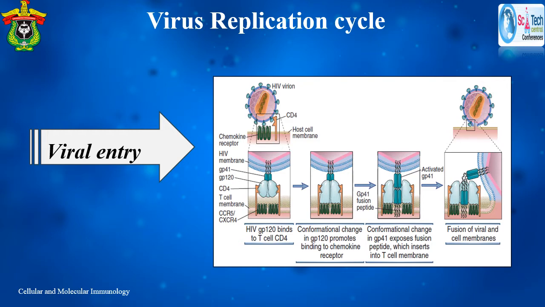The virus can enter the host cell with the CXCR4 on T lymphocytes or CCR5 on macrophages. And then HIV GP120 binds to T cell CD4, and conformational change in GP120 promotes binding to chemokine receptor, and conformational change in GP41 exposes the fusion peptide, which inserts into the T cell membrane, and fusion of viral and cell membrane occurs.